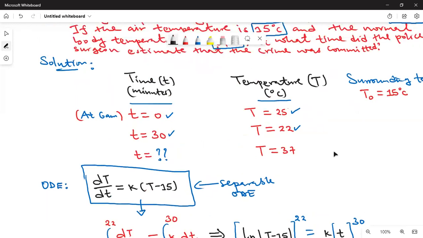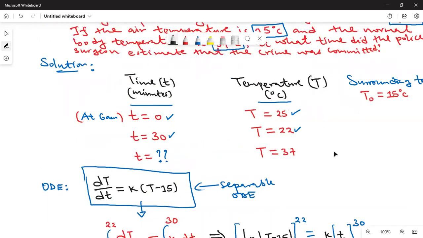We know that when the temperature is 37, the time is negative 66. When you go backwards from 6 a.m., we are going to subtract, because at 6 a.m. the temperature was 25. So backward of 6 a.m., at what time is that? It is 6 a.m. minus 66 minutes.